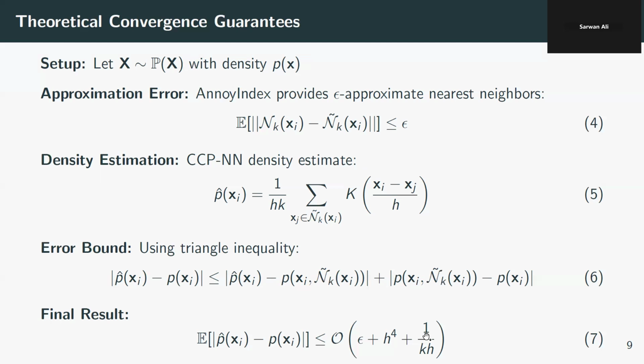So this tells us that we can control the approximation quality by adjusting our parameters. Importantly, this bound decreases as we increase K, the number of nearest neighbors, and it's directly related to the quality of our approximation index.